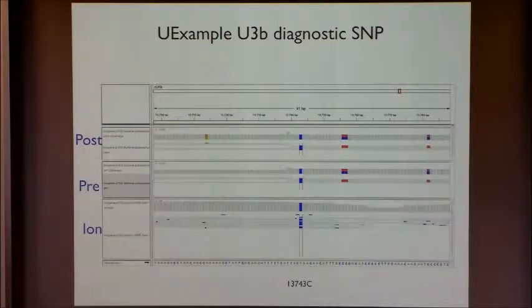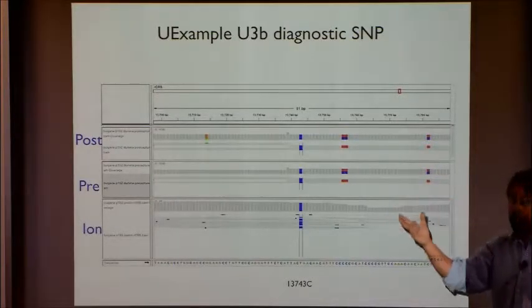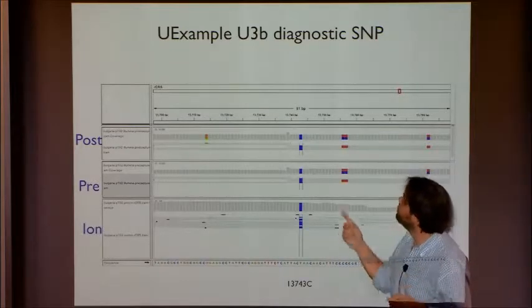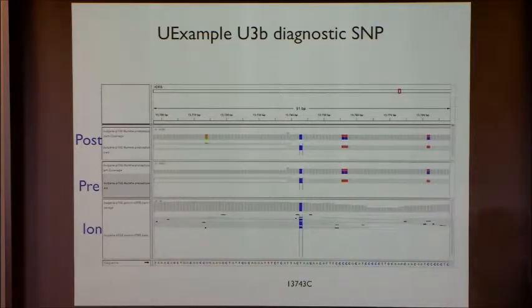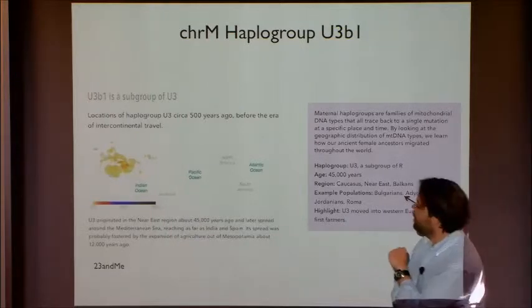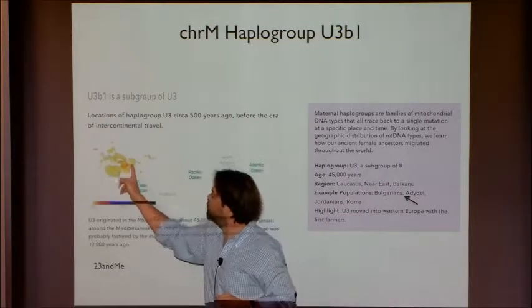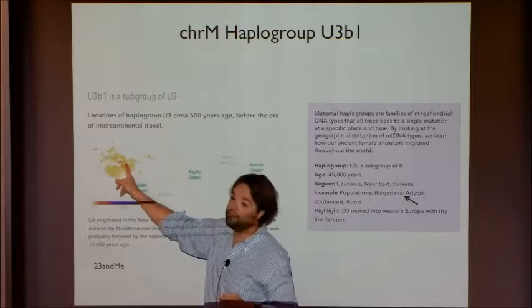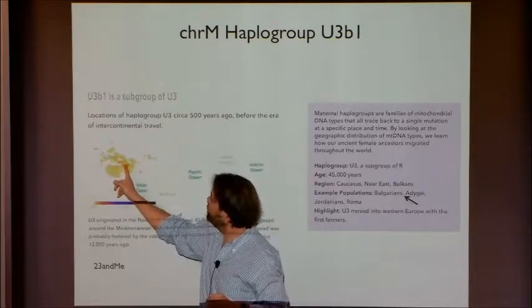Okay, one thing you can do after you begin to deal with all these issues is make calls, and one thing that's very cool about this particular sample is that it turns out to be a U3B mitochondria. What's exciting about that distribution, first of all, if you look it up on 23andMe, the first population example is Bulgarian, so that's good. That's where the sample comes from, and it's also the sort of Middle Eastern population center of diversity.